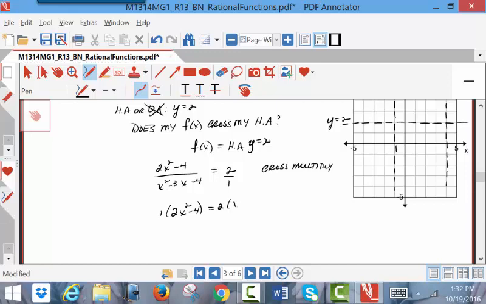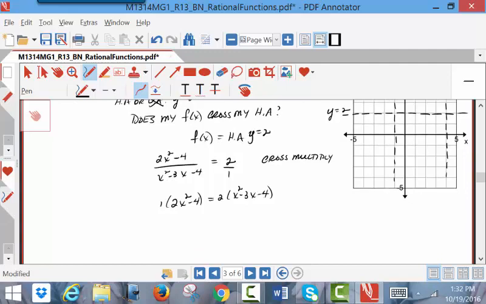And then you have 2 times your x squared minus 3x minus 4. So this becomes 2x squared minus 4 equaling 2x squared minus 6x minus 8.